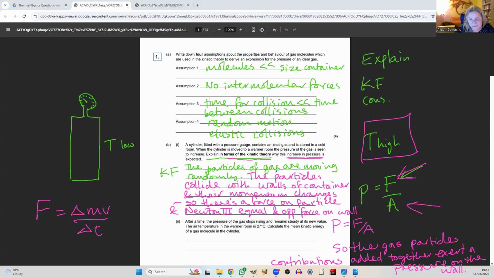When the particles of gas are moving, what happens to them when the temperature goes up? The kinetic energy increases with the temperature. So the particles move faster. The particles of gas are moving randomly, and when it gets hotter, they move faster.